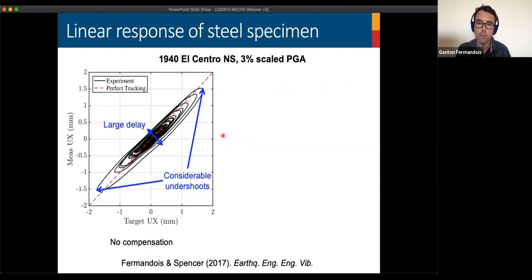So from the experiment that I showed before, with a lot of care, we conducted a test without a compensation installed. And you can see that the black curve, which is the data from the experiment, has a large delay related to the width of the ellipse, and considerable undershoots given by the principal component of these results.